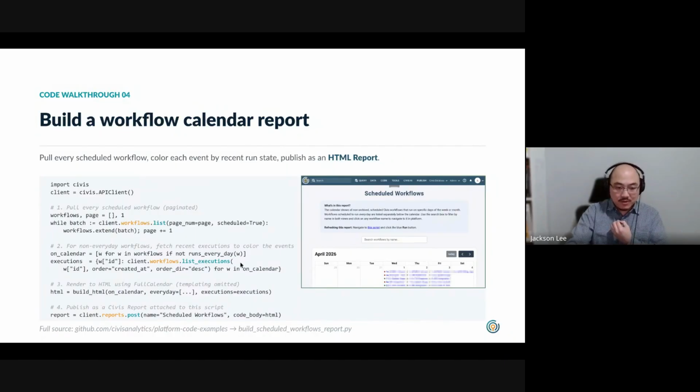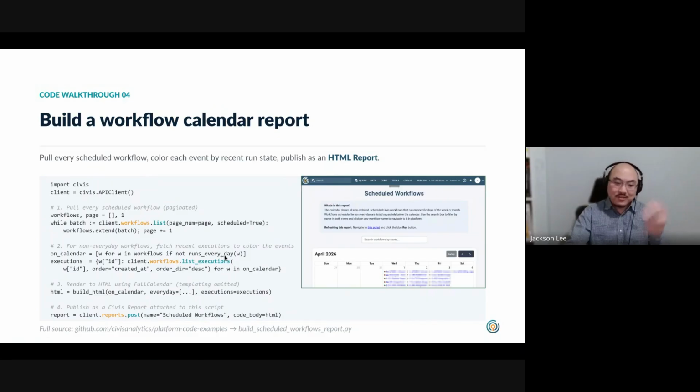And then the next block of code. If you have used workflows before, you know that for each given workflow there could be multiple executions. So this code is trying to pull out the executions for the workflows that you care about. In this case, there's a little util function called runs_every_day to check whether that workflow runs every day.